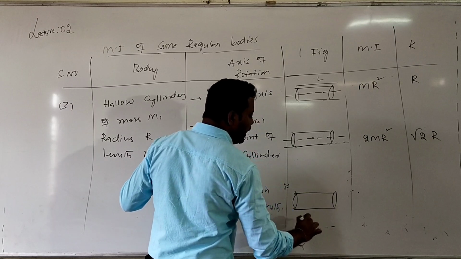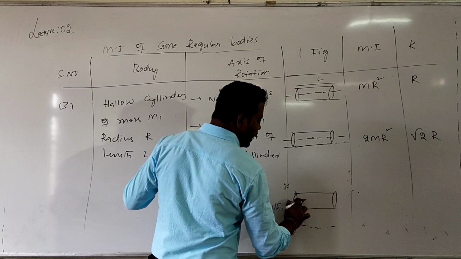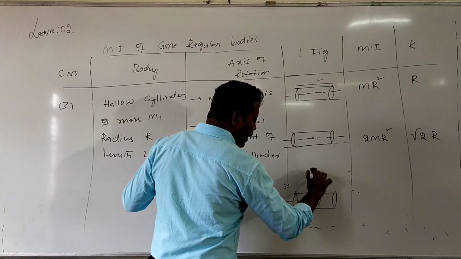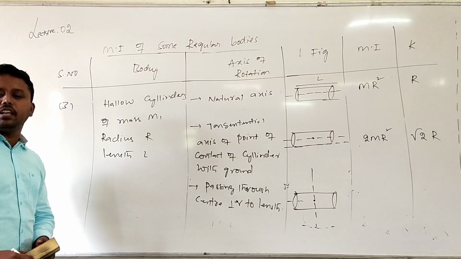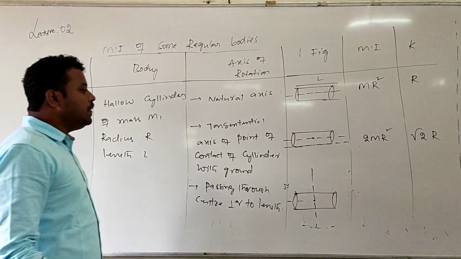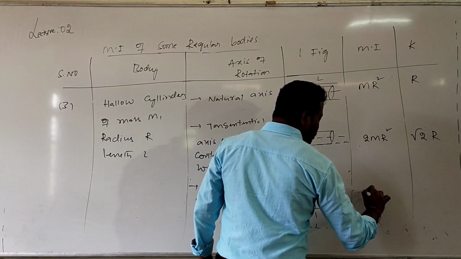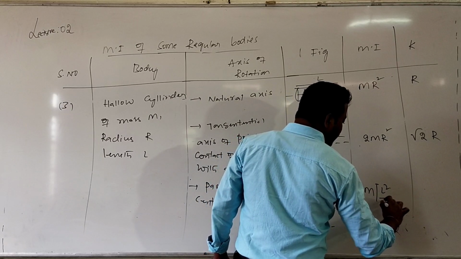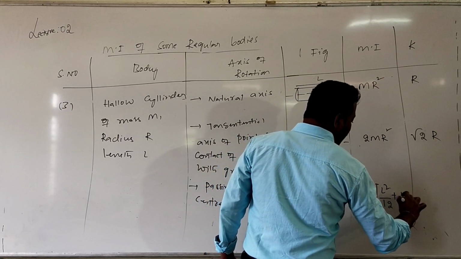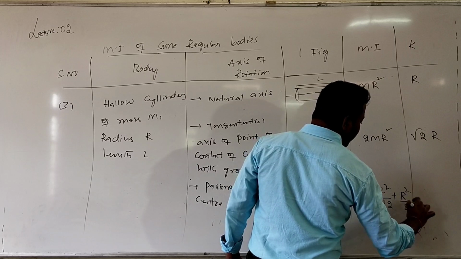Now I want to calculate. So this is the general natural axis, center it is. About an axis passing through the center and perpendicular to length, what do I get? The moment of inertia expression is given by M into L square by 12 plus R square by 2.